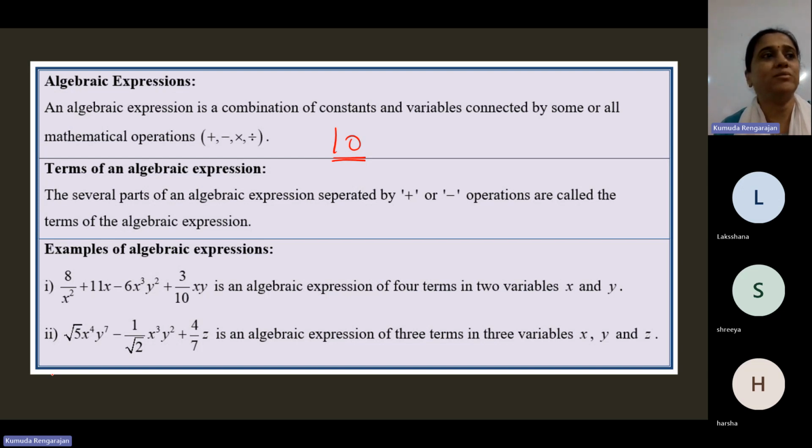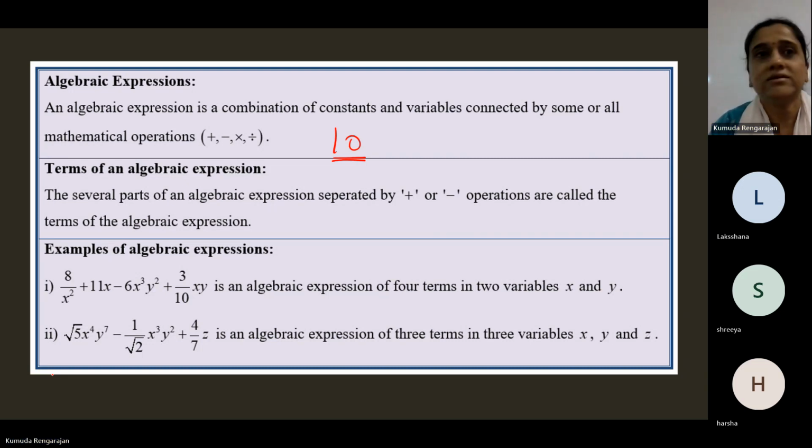We have 4 mathematical operations: addition, subtraction, multiplication, and division.